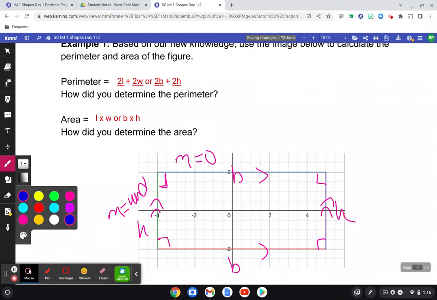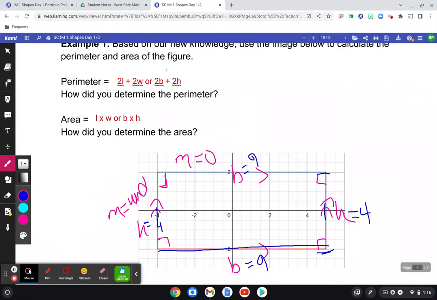We defined this base here as a base of 9. It goes from -4 to 5, so that is 9, which means this base up here is also going to be 9. And this height here goes from -2 on the y-axis up to 2, which means this height is going to be 4. Height is going to be 4.